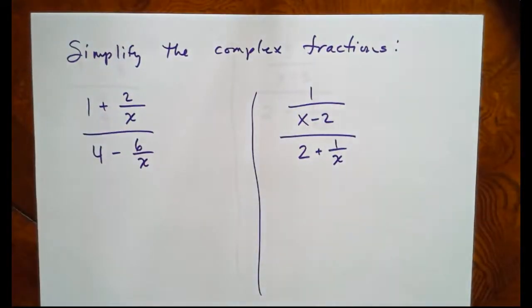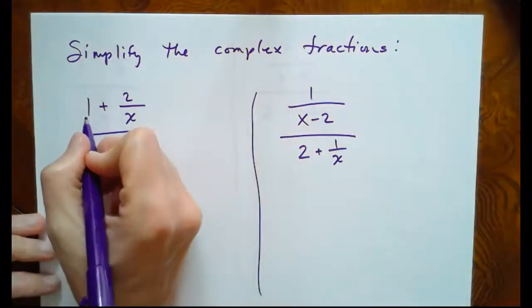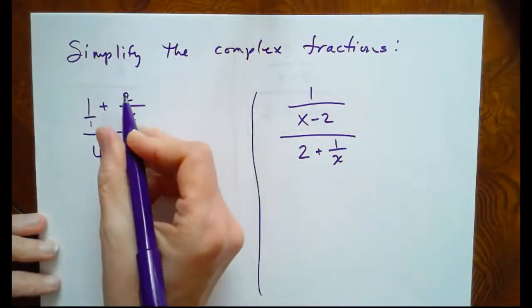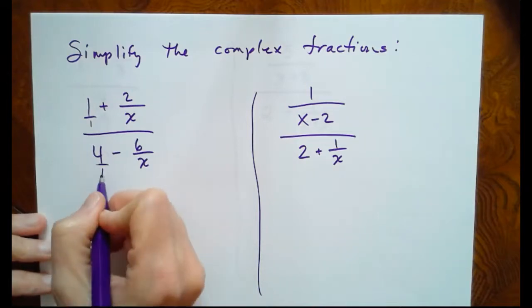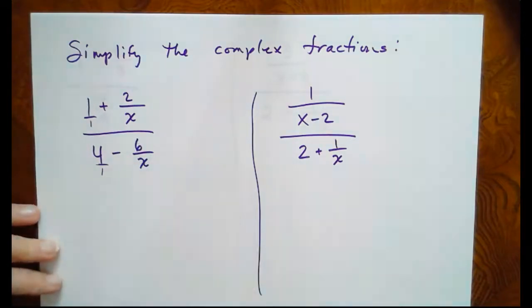Simplify these complex fractions. Remember, a complex fraction is just a fraction over a fraction. And anytime that we are able to eliminate fractions is always a good thing. So in checking out this first problem, we've got 1 over 1, 2 over x, 4 over 1, and 6 over x.